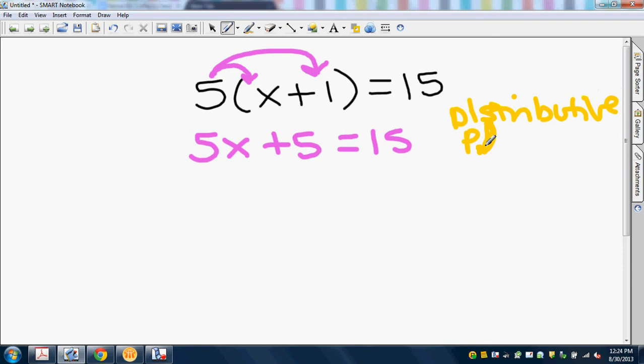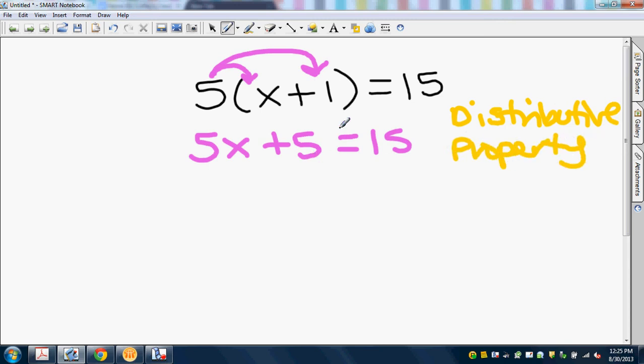I think I have a ghost writing on here. Okay, so we use the distributive property.